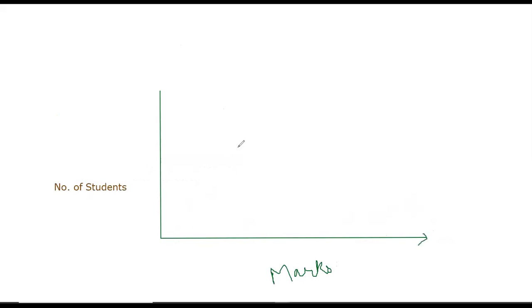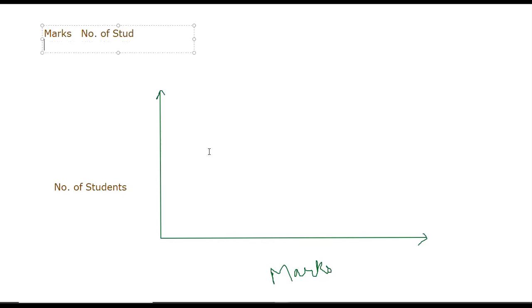Now, what was the question? Let's take a hypothetical example. For example, we can draw our own schedule over here. We have got marks and we have got number of students, right?